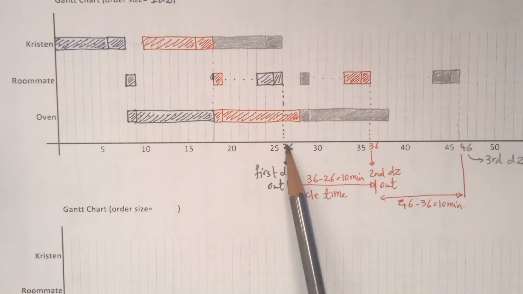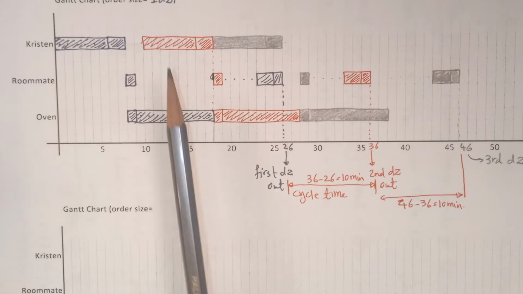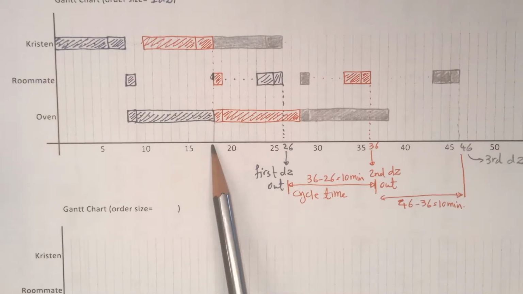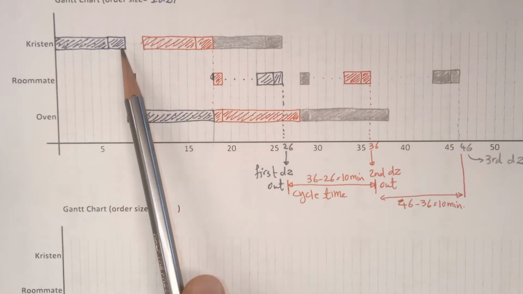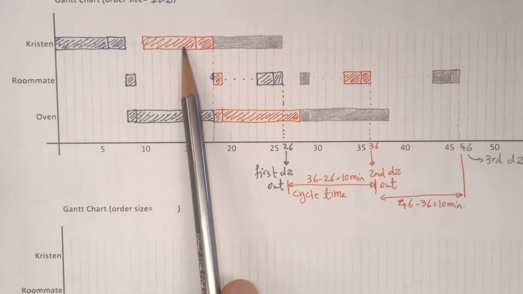How about the second one? The second one I've shown in red ink because the oven is going to be busy until minute 18. Even if Kristin starts the second dozen at exactly minute 8, it's going to finish at minute 16. There's going to be 2 minutes of idle time there.